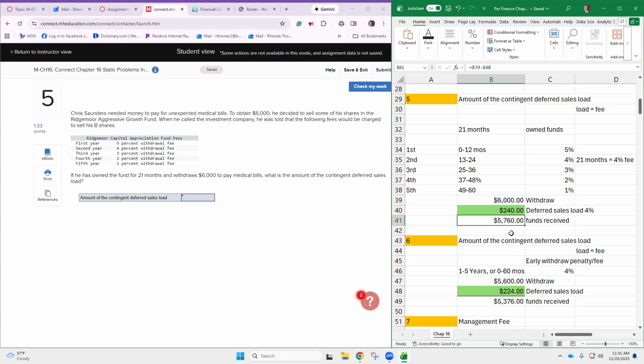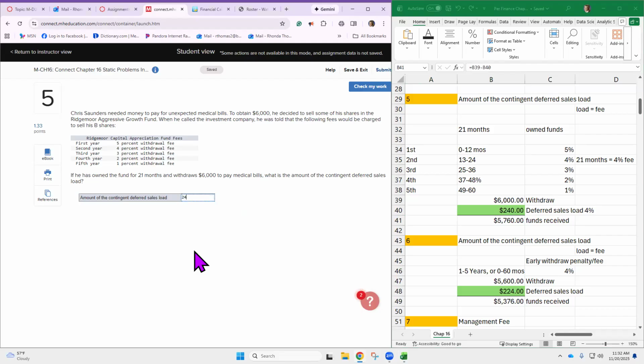So 4% is going to be charged to his account. So instead of the $6,000, he will only receive $5,760 of the funds. But what they want to know is, what is that load amount? What is 4% of the amount he's withdrawing?